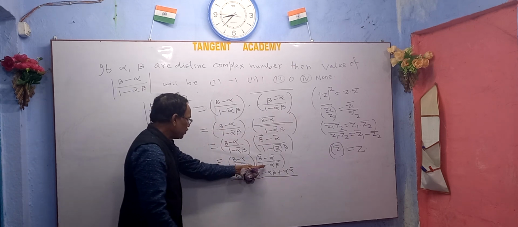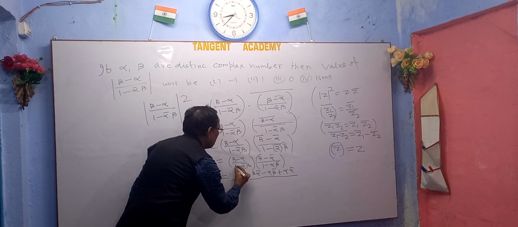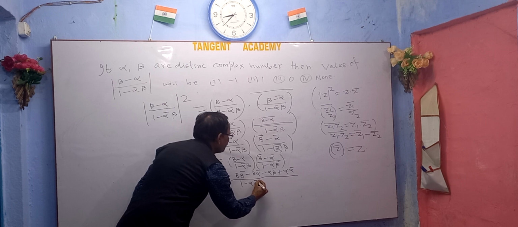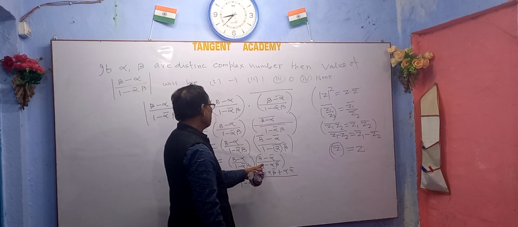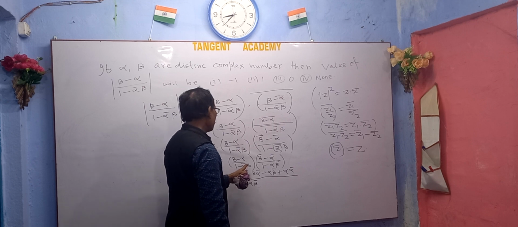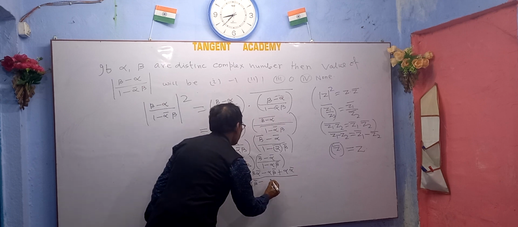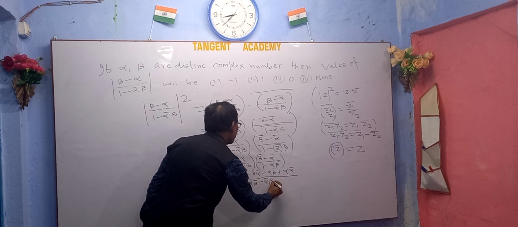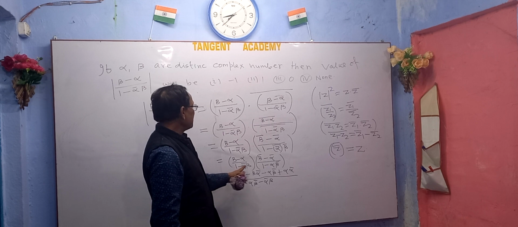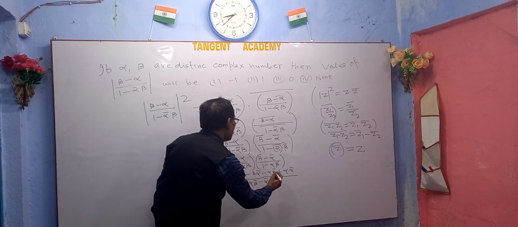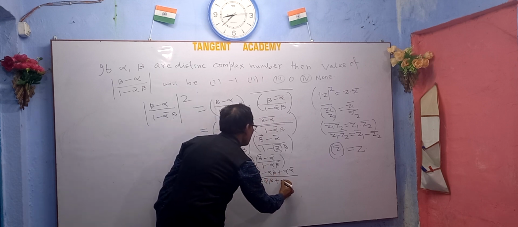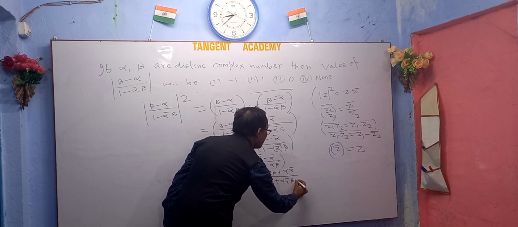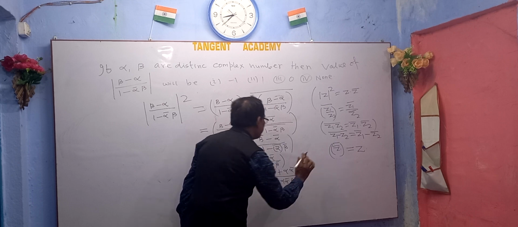In the denominator, 1 into 1 gives you 1, minus alpha beta bar, minus alpha bar beta, and minus into minus again plus alpha bar beta bar alpha beta bar. This will be the final multiplication.